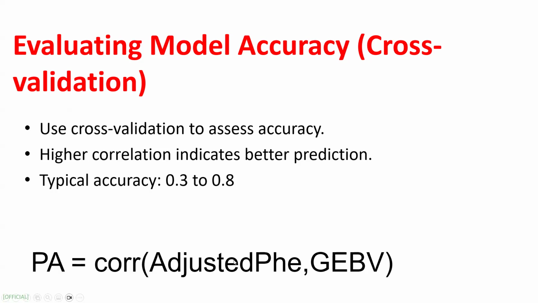So the accuracy is actually the correlation of your phenotype with the GEBV. What that means is, for example, for five-fold validation, you're going to use the 20% phenotype and the GEBV of those 20%, and that will give you accuracy. And for leave one out, you're going to take the 50% that is taken out to check the accuracy, and you correlate it with the GEBV of those 50%, and that will give you the accuracy.